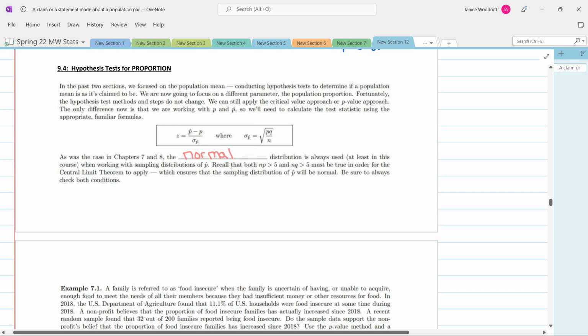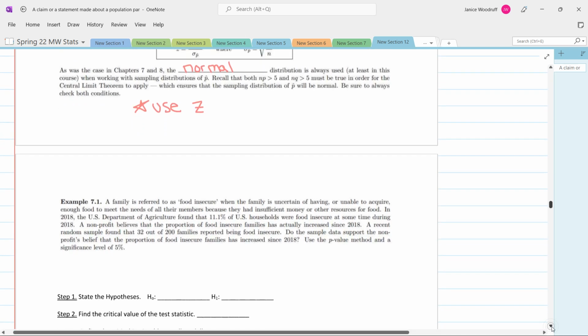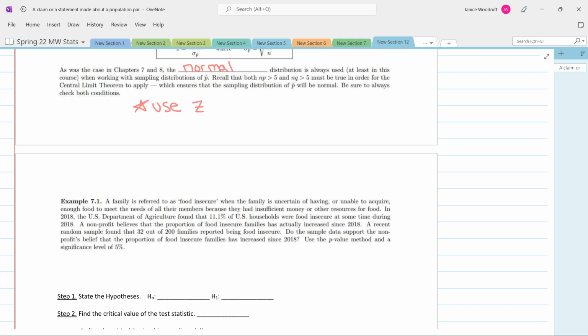There we go. Okay, so we're going to be using normal distribution, and we will be using z. The only time we're using t is when we have that sample standard deviation. Otherwise, we're using z. So we're going to dive right in and do some examples.